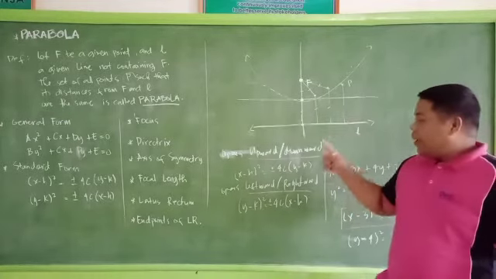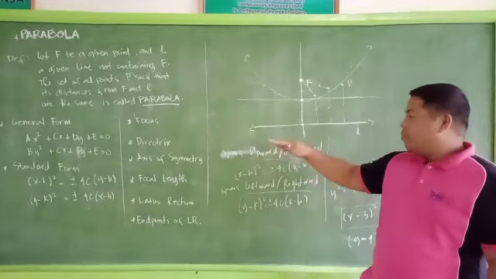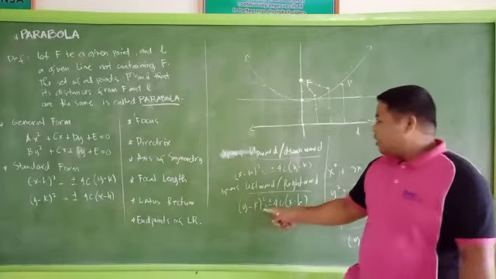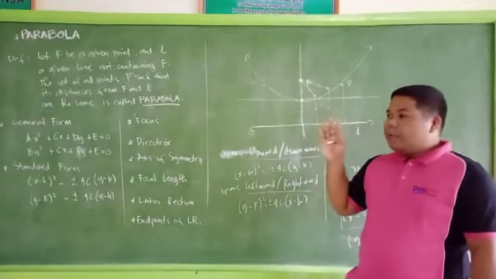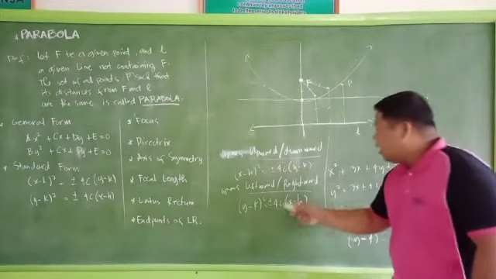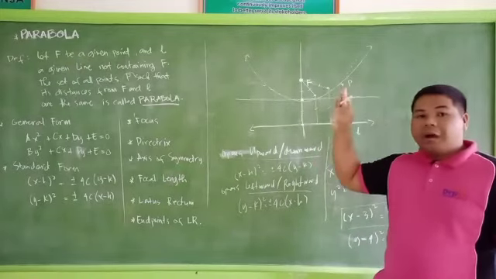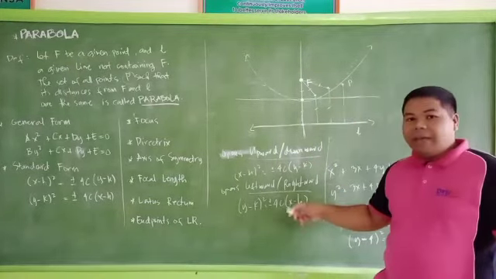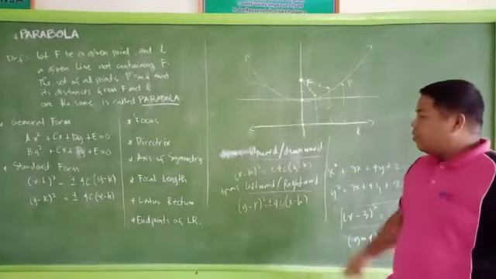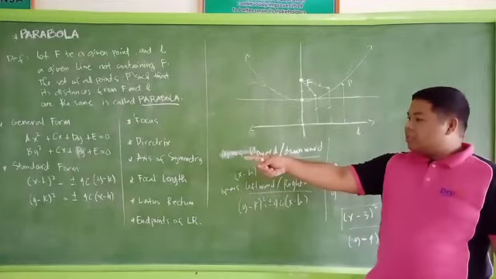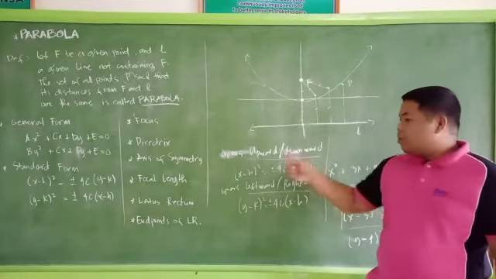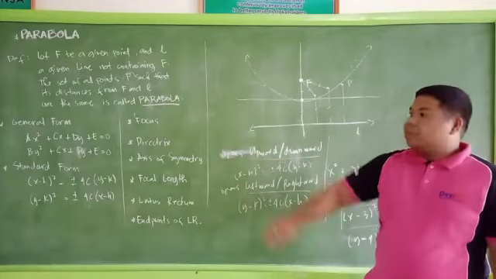Ulitin ko, kapag x yung naka-square, it's either yung opening ng graph natin is pataas or pababa. If yung y naman yung naka-square natin dito, yung opening ng graph natin is either to the left or to the right. Makakonfirm natin yun based sa value ng 4c. If positive siya, meaning upward siya or to the right. If negative naman siya, meaning downward siya or to the left. So I hope you understand kung kailan natin gagamitin yung formula doon sa standard form na may x squared, sa general form na may x squared, kailan natin gagamitin yung formula doon sa standard form na may y squared tapos doon sa general form.